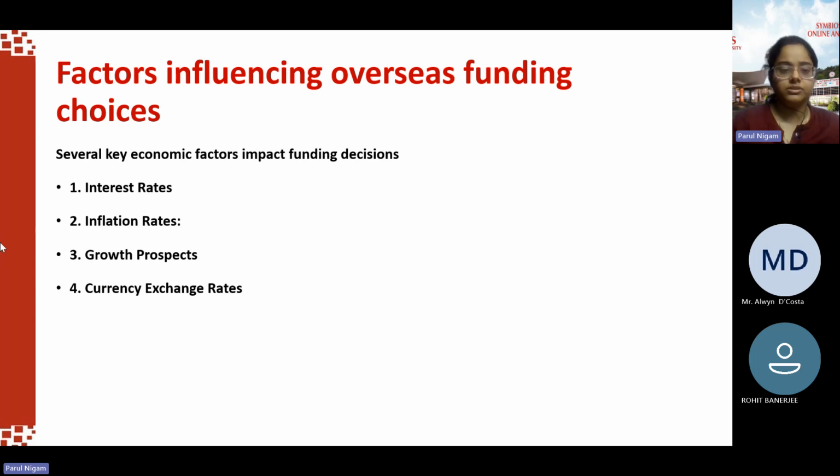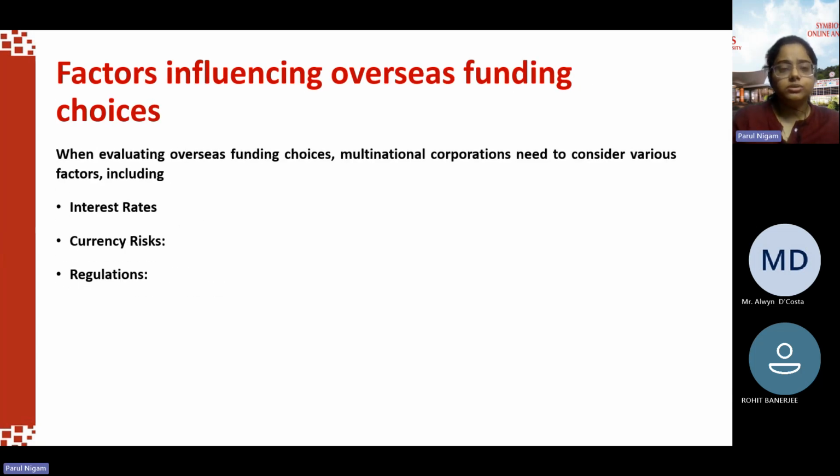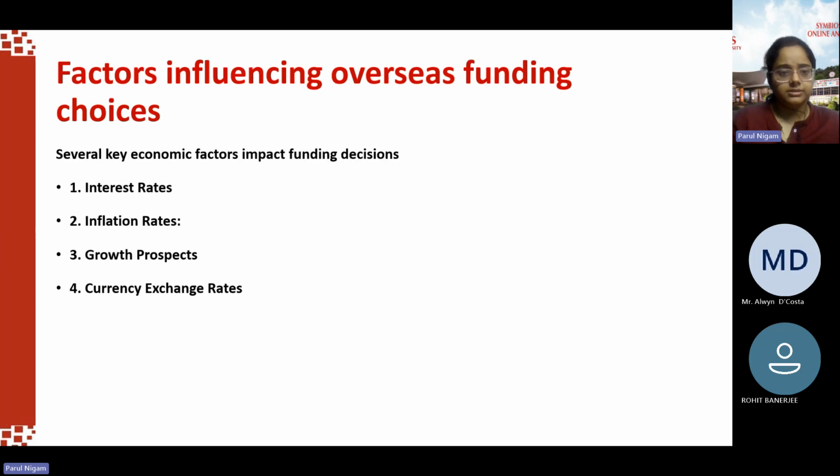We should take certain measures like hedging, borrowing in low inflation economies, and diversifying investments to mitigate the risks from inflation volatility, and monitoring central bank policies to anticipate interest rate challenges. Okay, so this is done.